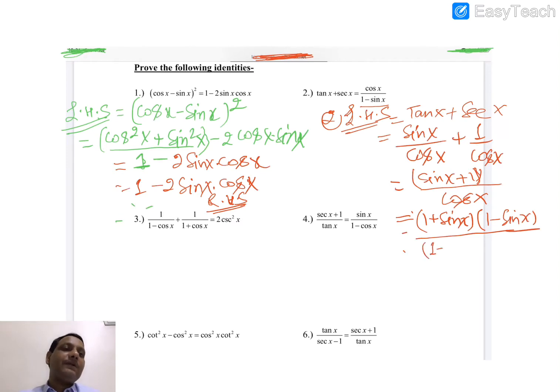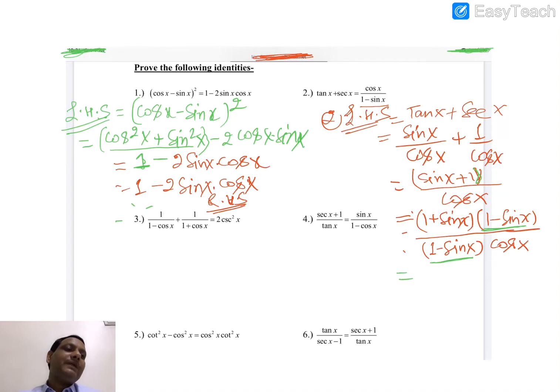So here we write 1 minus sin x, and cos x we already have. This is the additional part I did here. This portion and this portion multiply up and down, so there is no change, but it is our requirement. So now you know a plus b times a minus b is a square minus b square.